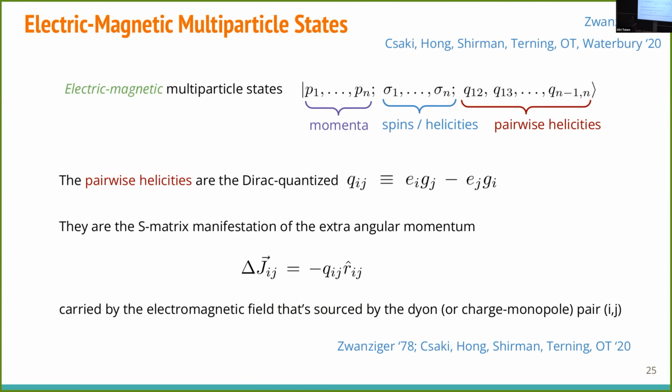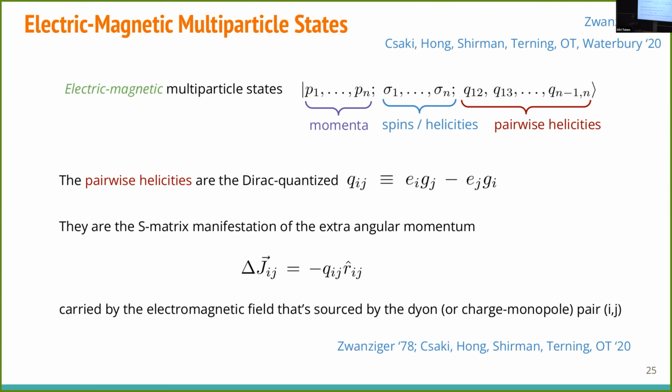Our modification is that multiparticle states that have to do with mutually non-local particles, in addition to the momenta and the single particle spins and helicities, have new quantum numbers that are associated with every pairing that I could have. Some of these will be 0. For example, if I have 2 charges, not a charge and a monopole, the associated q will be 0, and they will just behave as a tensor product.